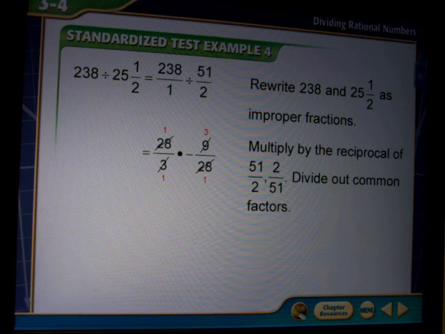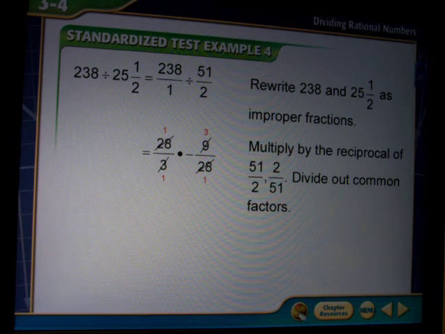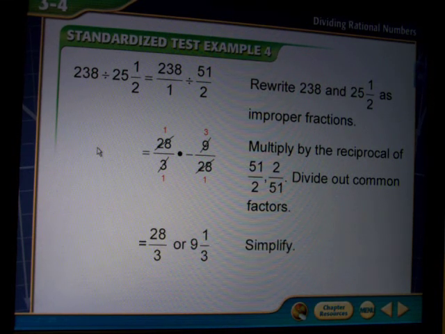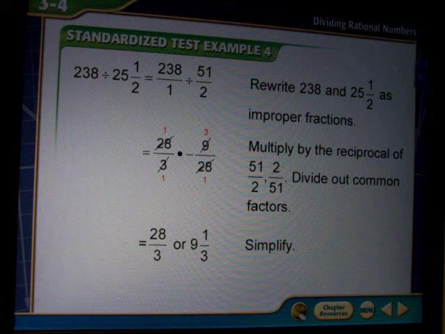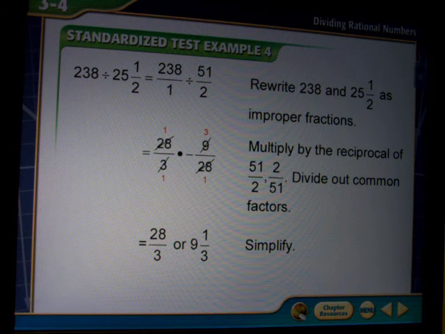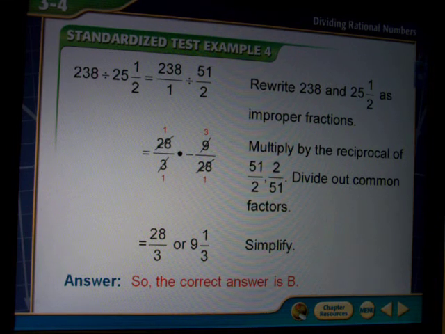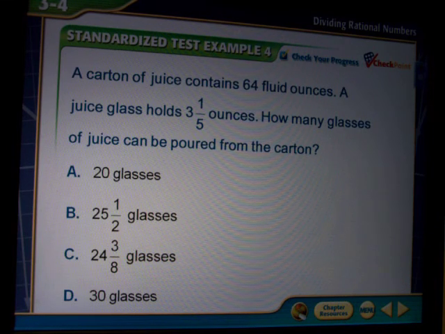What in the world did they do? You are going to divide out common factors and multiply by the reciprocal, which is fine. Figure out how many 51sts go into 238s. They end up with the right answer, but what a goofy way to go about it. So 9 1/3 is the only possible answer. The correct answer is B. I'm sorry, that's a terrible example of how they set it up.